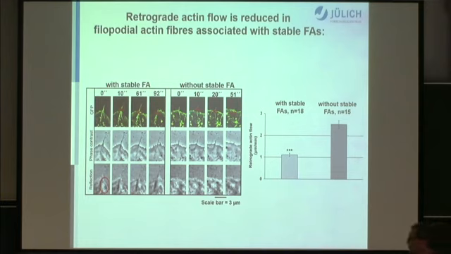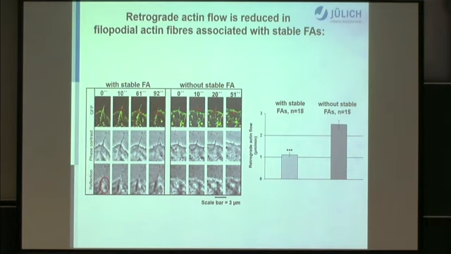Here, for example, the retrograde flow was analyzed by FRAP experiments, so fluorescence recovery after photobleaching experiments, where you bleach a line into stably adhered actin bundles, so actin bundles bound to a focal adhesion, and follow this line over time, while on the right you have a filopodium without a stable focal adhesion.